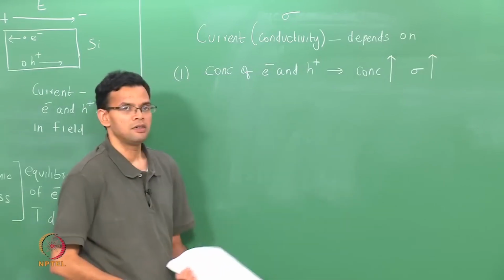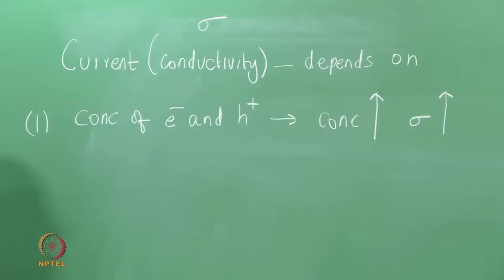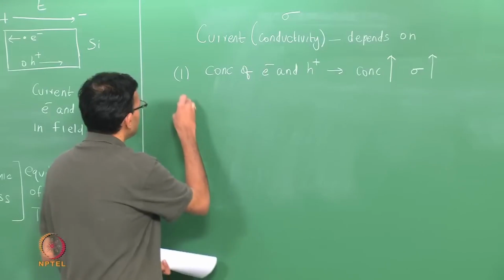The next factor on which the conductivity depends is how far these electrons and holes can travel before they get scattered by the lattice.